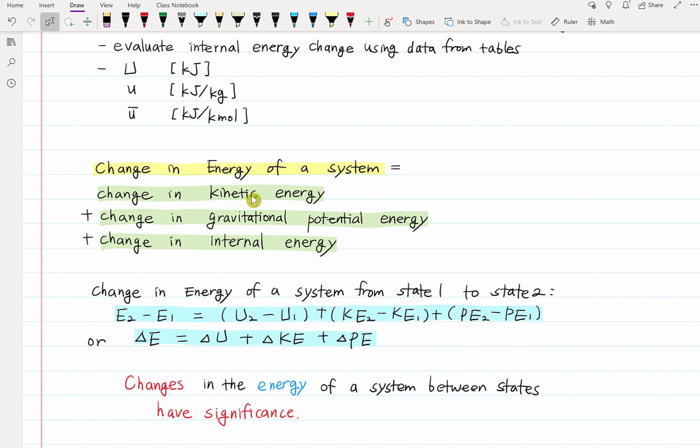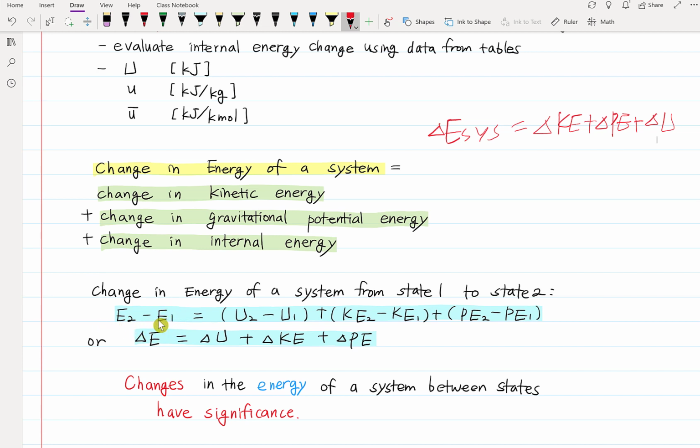The change in energy of a system is the kinetic energy change plus potential energy change plus internal energy change. So energy E2 minus E1.